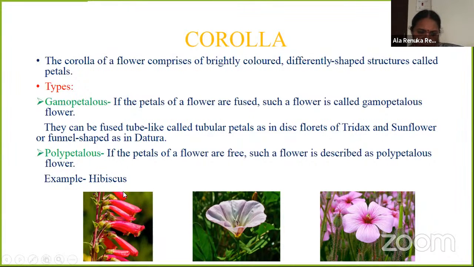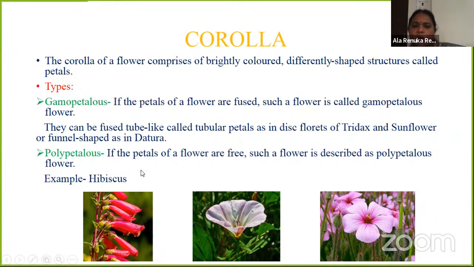These are called tubular petals. And here we can see the shape of the funnel very clearly. This is funnel-shaped. We call it gamopetalous tubular corolla and gamopetalous funnel-shaped corolla. Fused tubular, fused funnel-shaped.